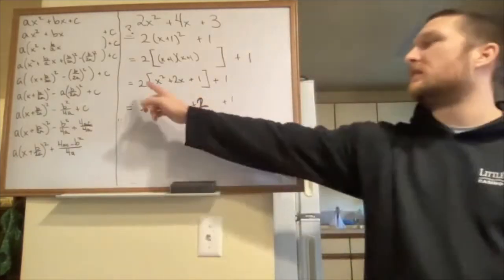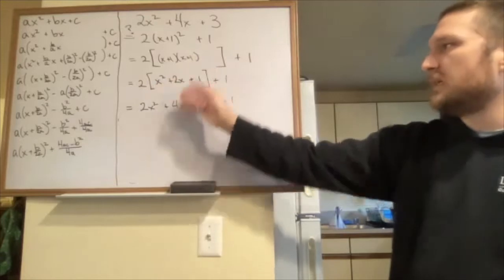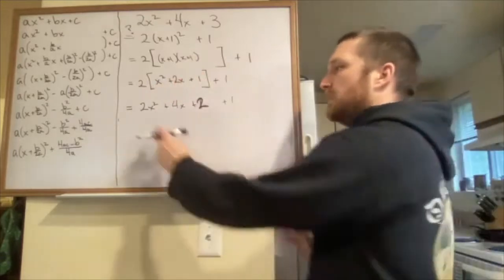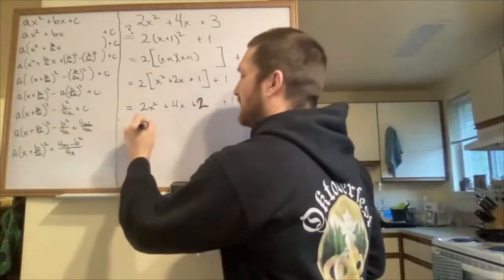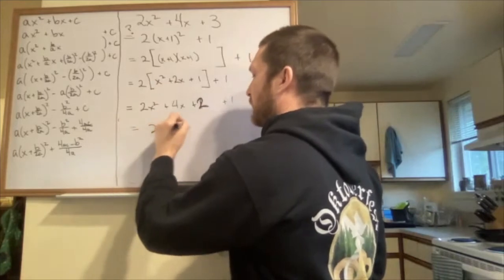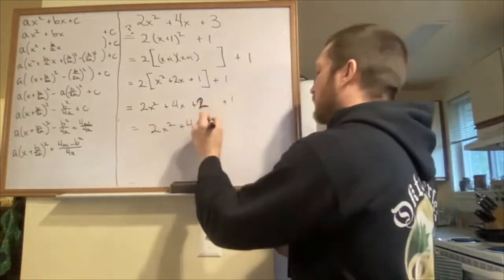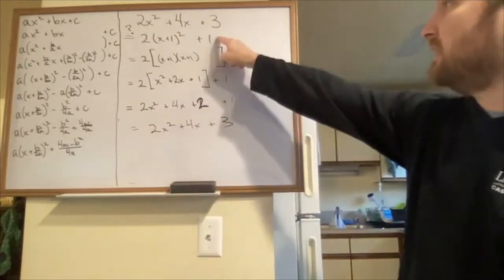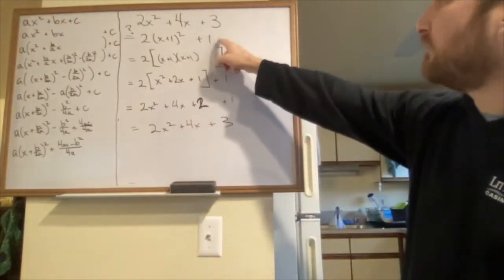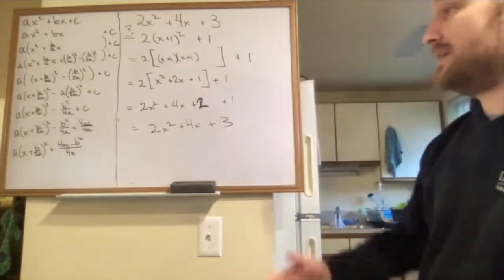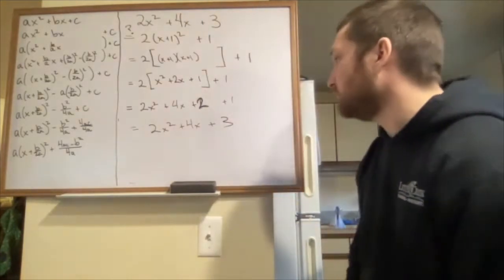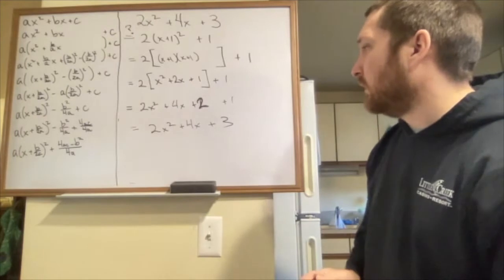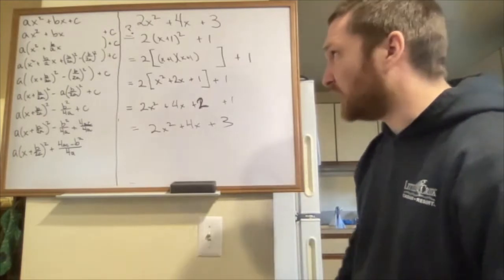Now that we've distributed that through, we don't need parentheses anymore. So I'm going to drop them and just write it like this. And finally, I could go, okay, there's 2x plus 4x, and 2 plus 1 is 3. And indeed, yes, that thing is just a fancy way of writing the original thing. They are exactly the same thing. Okay, looking good.